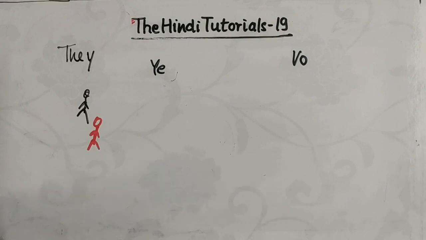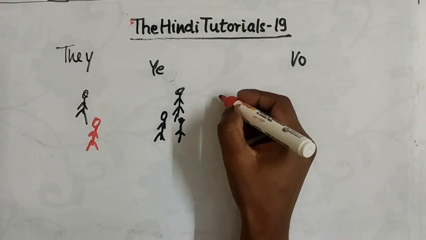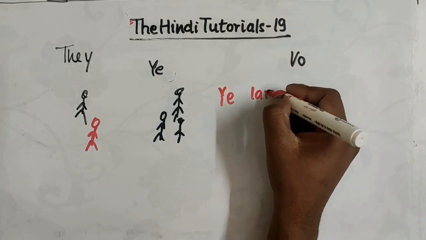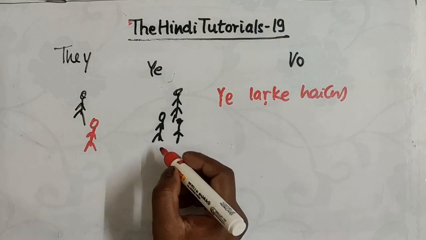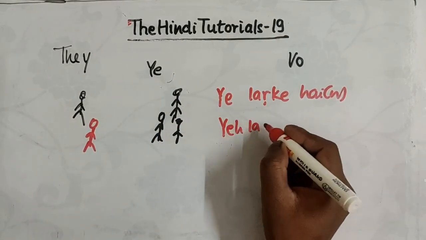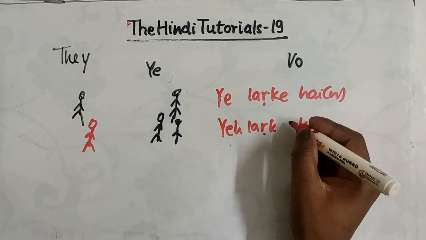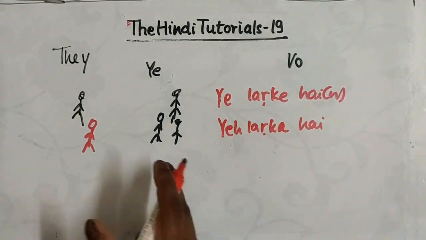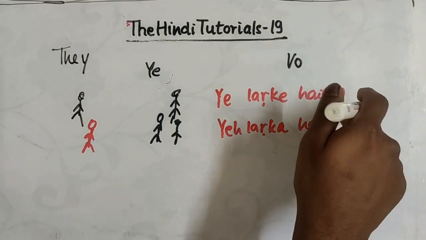We see a group of 3 boys near us. Okay. ये लड़के हैं. Had there been only one boy, I would have said ये लड़का है. But there are 3 boys, so I have said ये लड़के हैं.